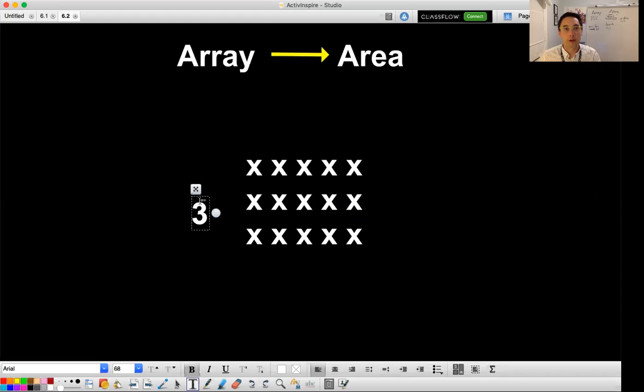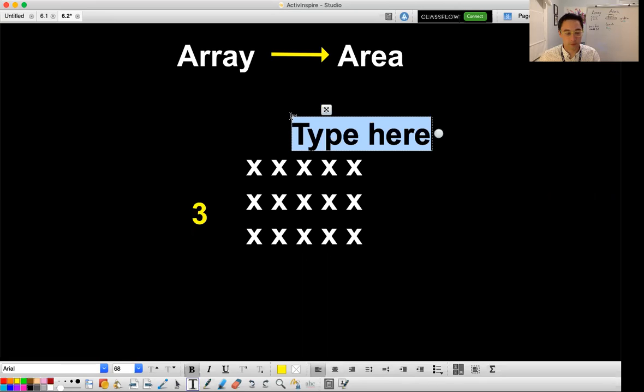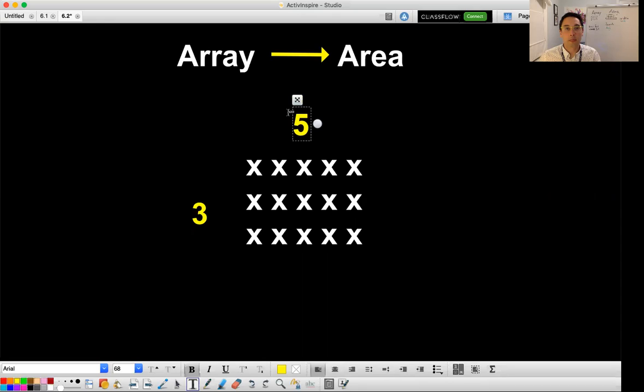So I have a 3 here, and then I know that this is 3 rows. Now I have 1, 2, 3, 4, 5 columns. So the type of array we would call this is a 3 by 5 array.